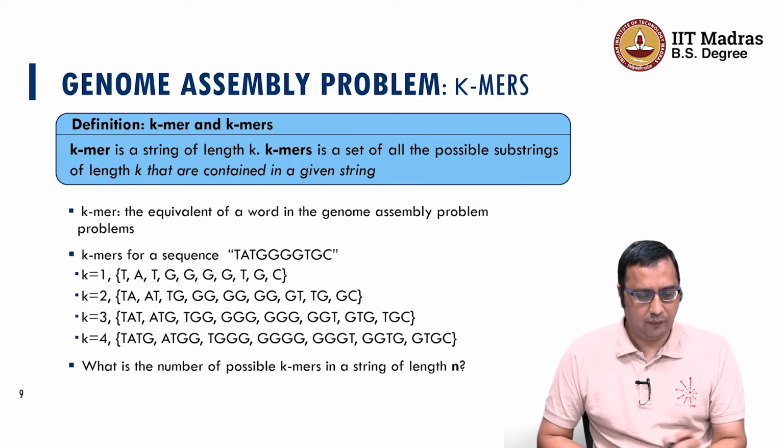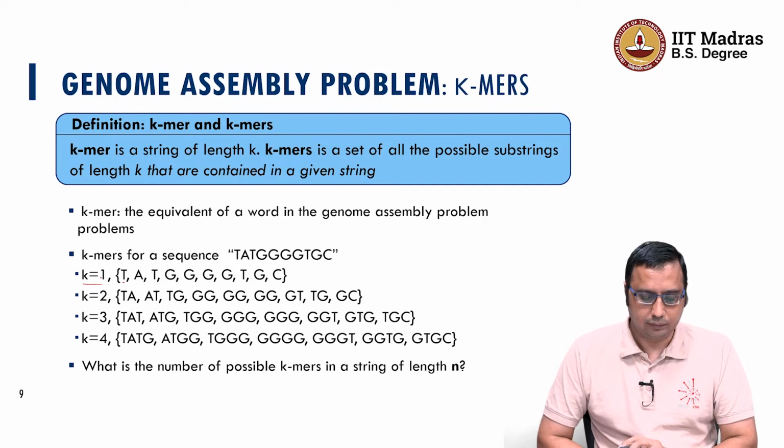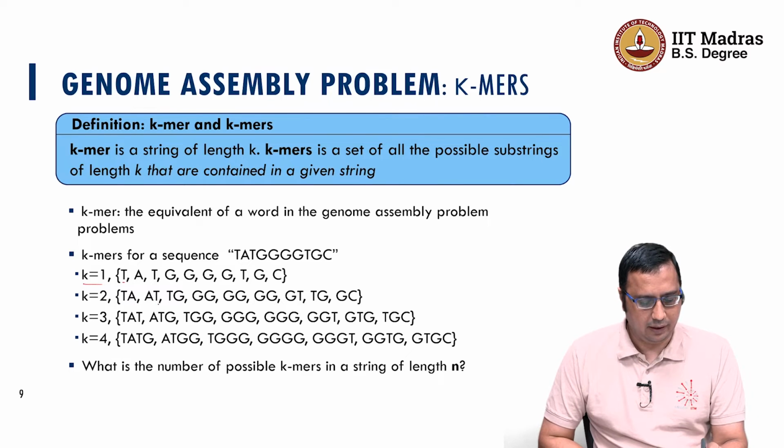If I am interested in finding k-mers of length 1, where k is equal to 1, each k-mer is a single nucleotide: T, A, T, G, G, G, T, G, C. Those are the 1-mers in this particular sequence. For k equal to 2, the k-mers are TA, AT, TG, GG, GG, GT, TG, GC.